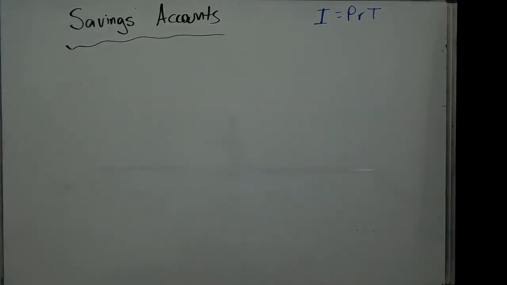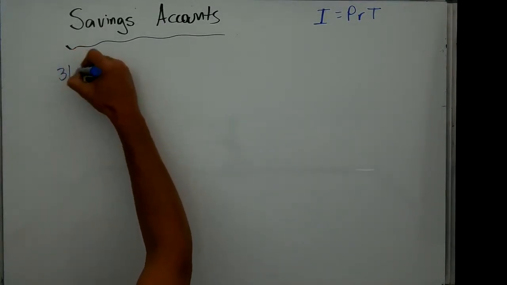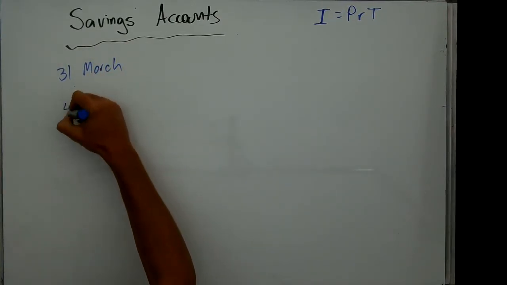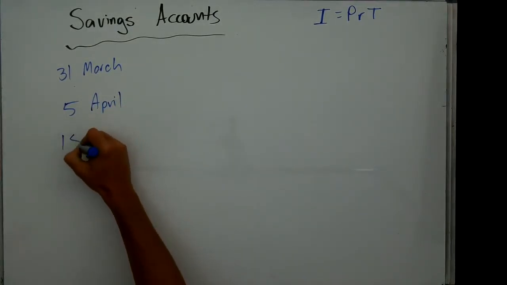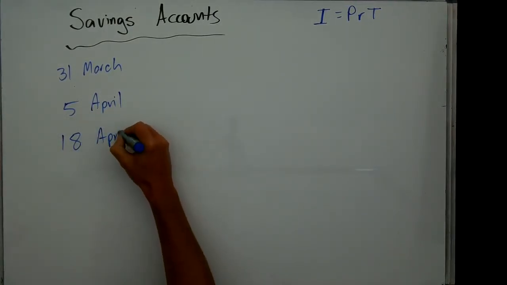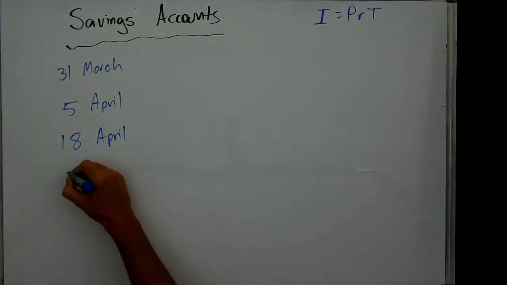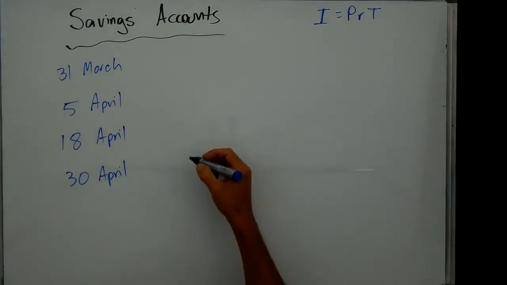Okay, so this question is presented in the form of a bank account. So let's just write that down very quickly. March, April, 18th of April. So these are the dates when the balance is changing. April.